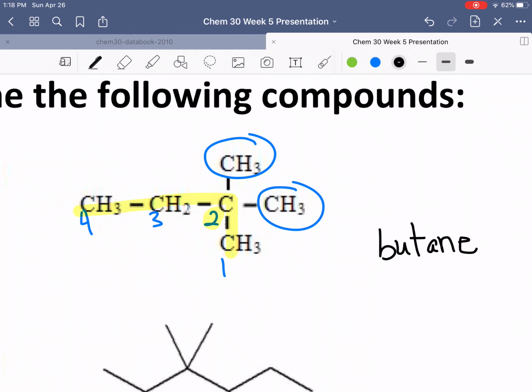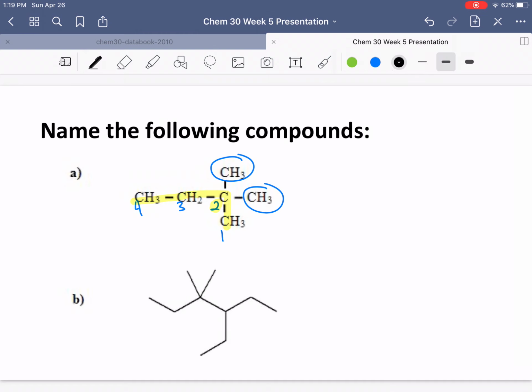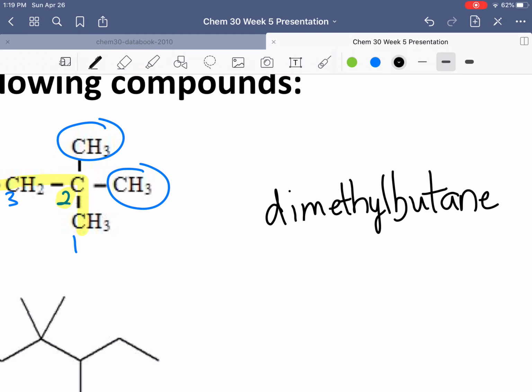So I know that I have dimethyl, 1, 2 of them. I see I'm going to kind of run out of room here. Let's see if I can write that better. Okay, here's my butane again that I just wrote. 2 methyl groups, dimethyl. There shouldn't be a space between the methyl and the butane.